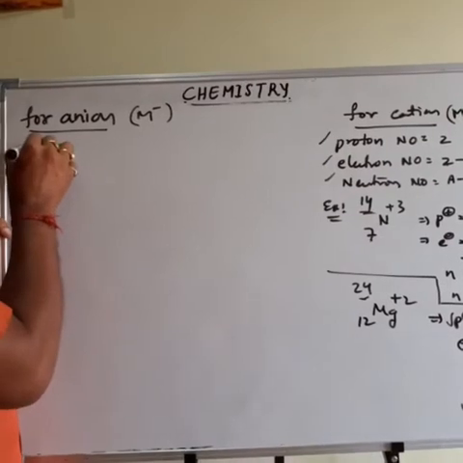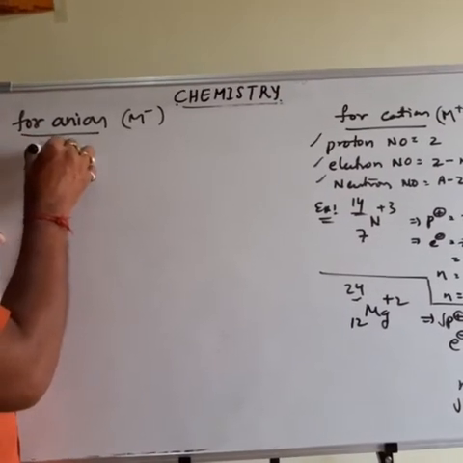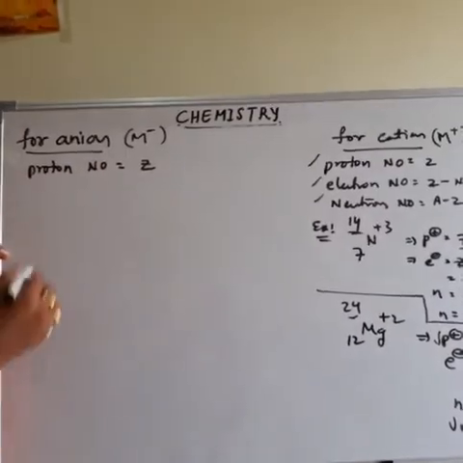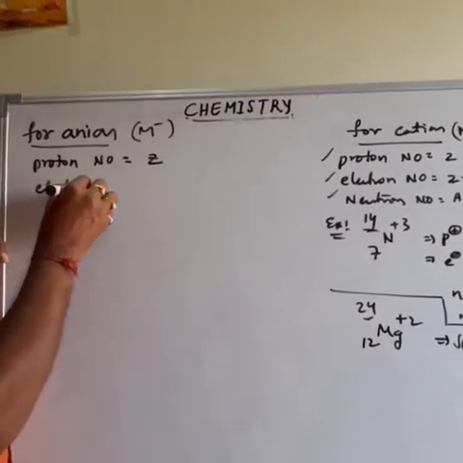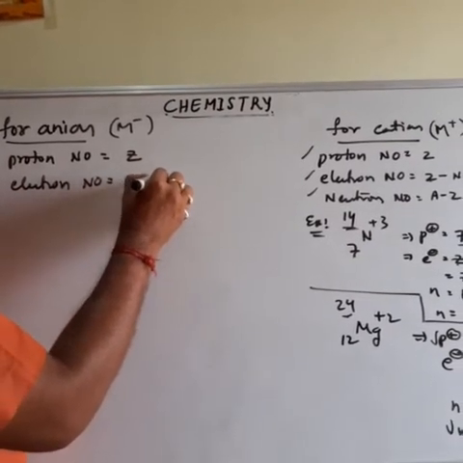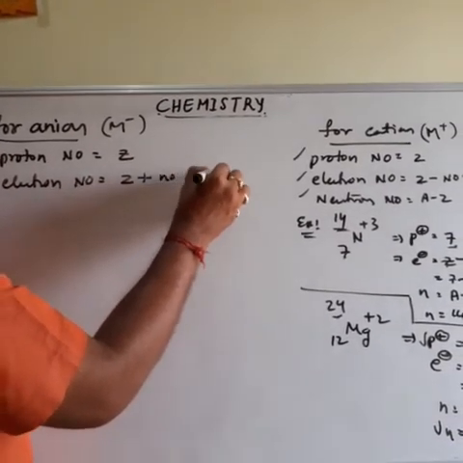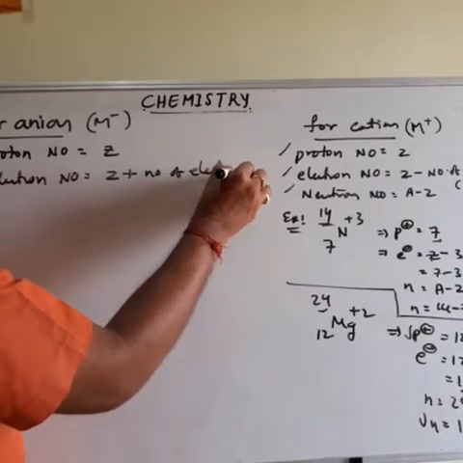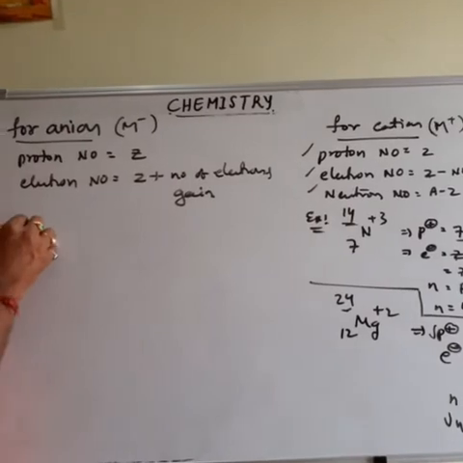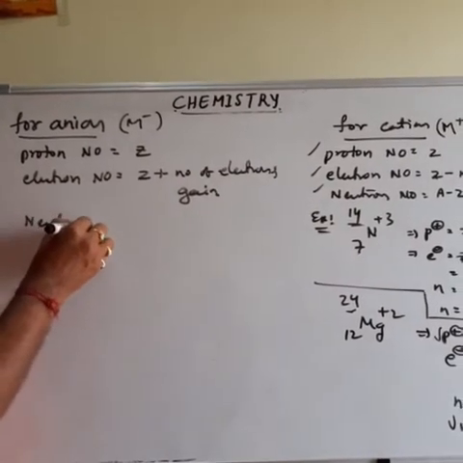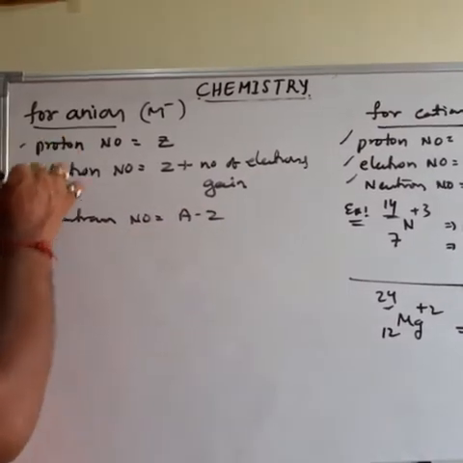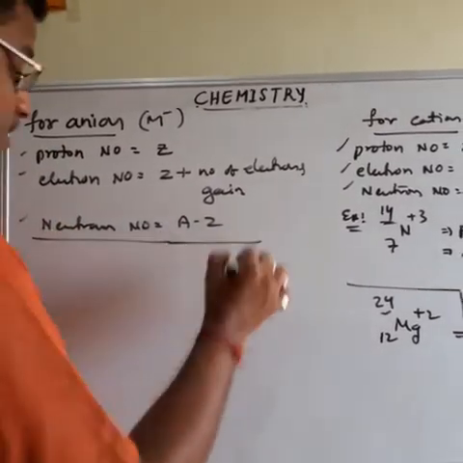For anions, proton number equals atomic number Z. Electron number equals atomic number plus the number of electrons gained. Neutron number equals A minus Z. So these are three important formulas for the anions.